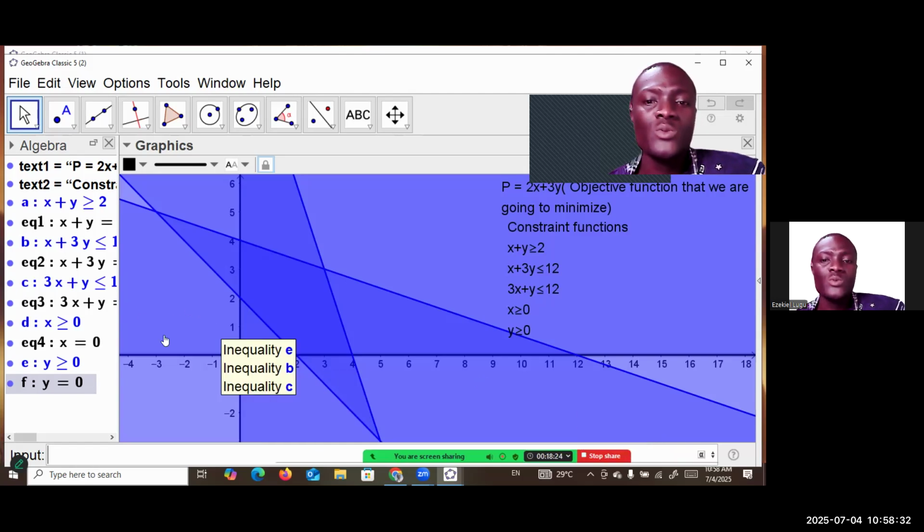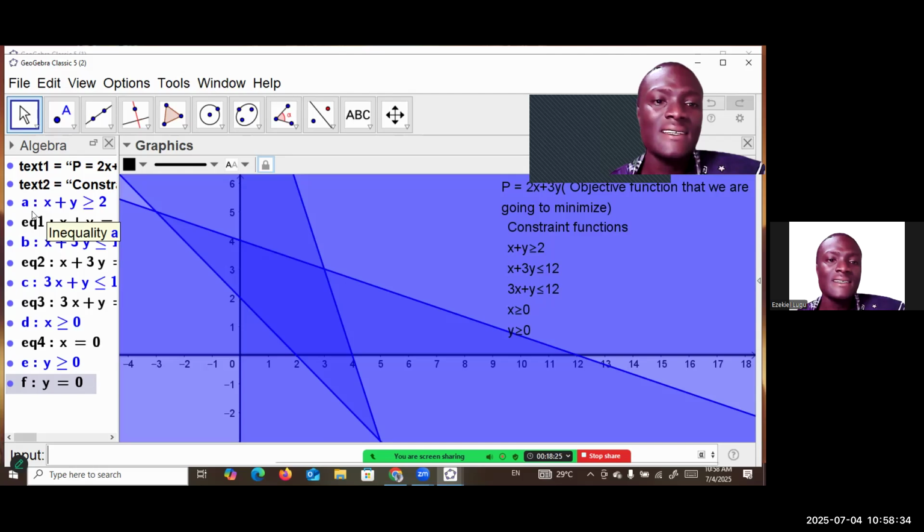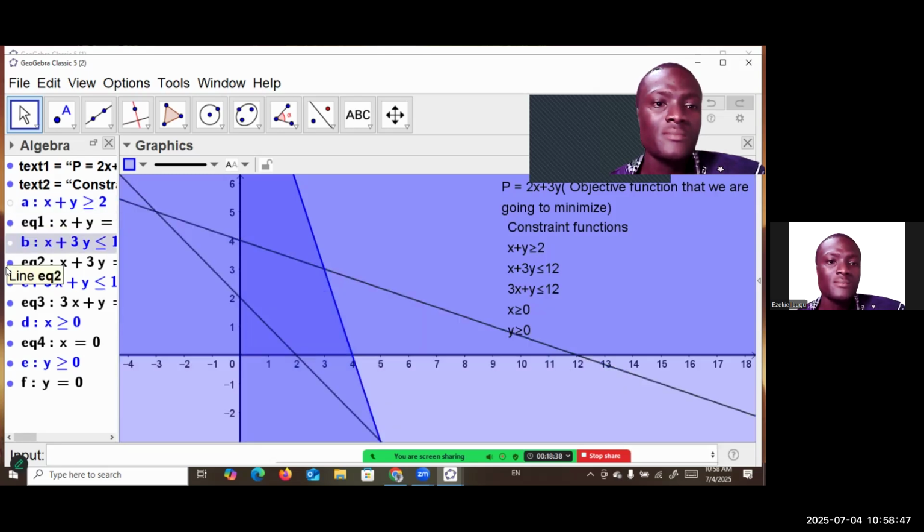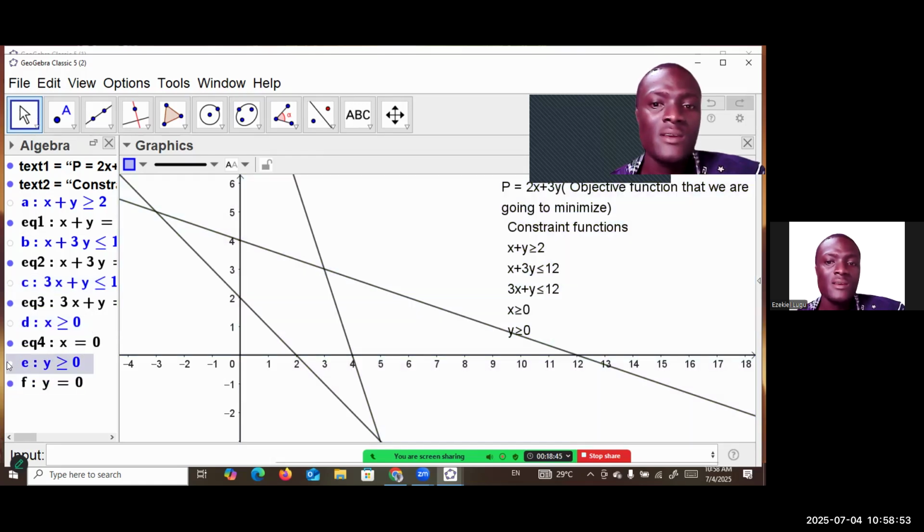So what we are going to do is hide all the inequalities given the equations. So we are hiding B, we are hiding C, so that everything can be clear. That's the reason why we did that.